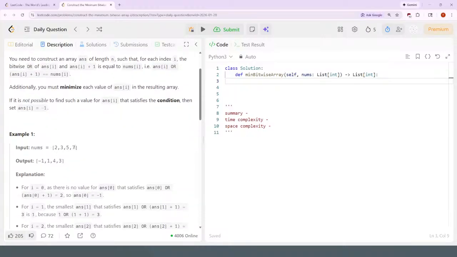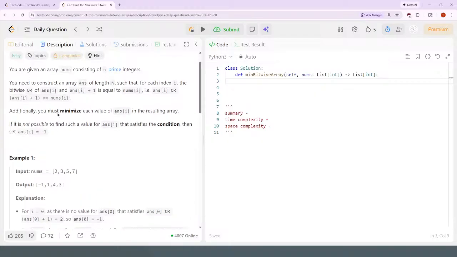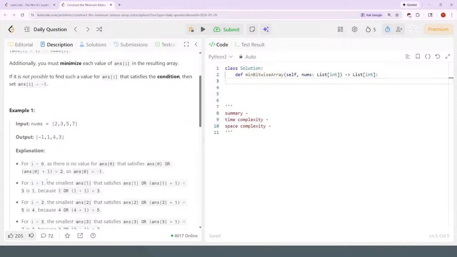2, 3, 5, 7. So answer at 0 needs to be either 2 or 3.